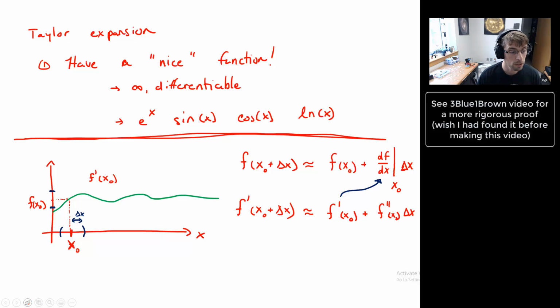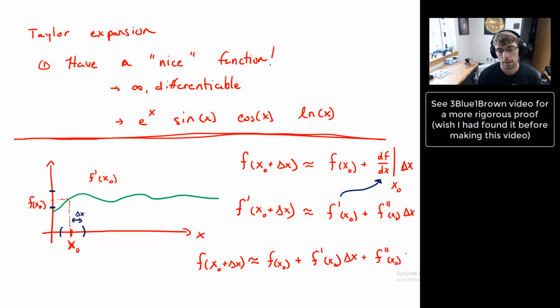And so what do we have now? We have that the value of the function in the neighborhood of x naught is roughly equal to f of x naught plus f prime of x naught times delta x, and then we could say plus f double prime of x naught times this guy squared.